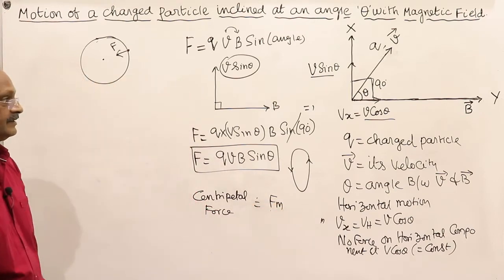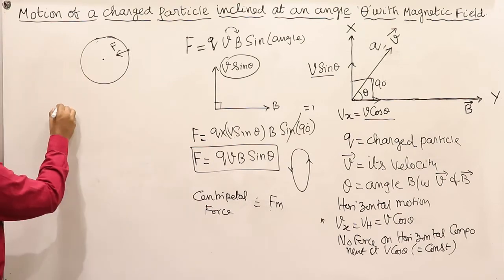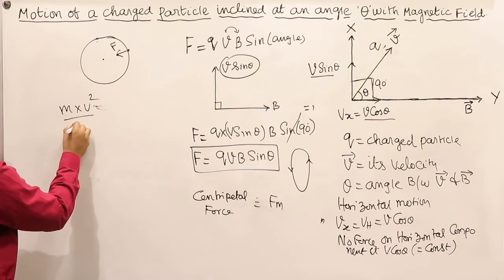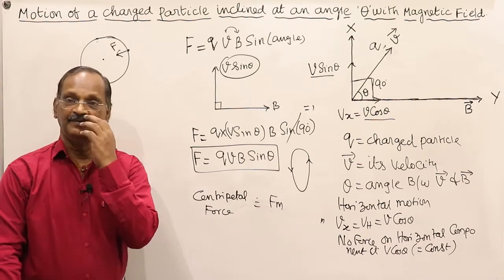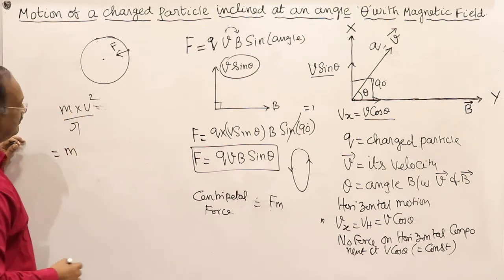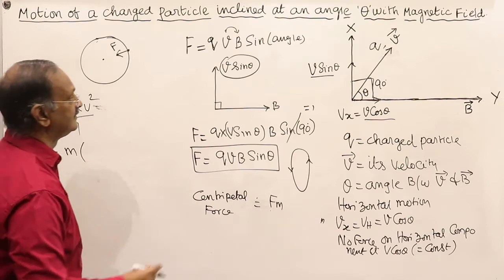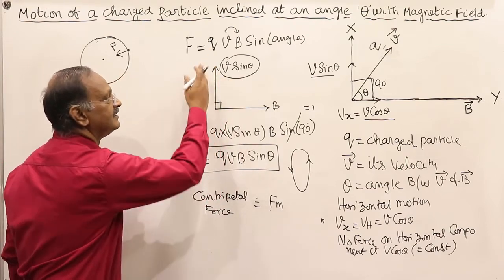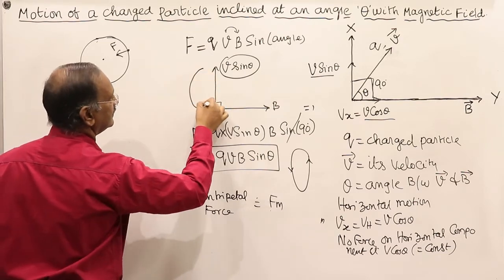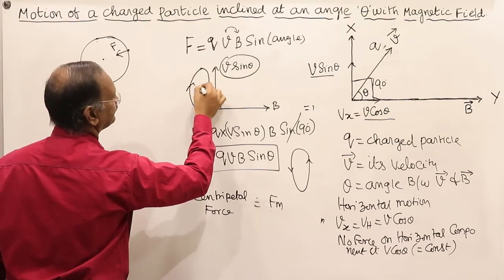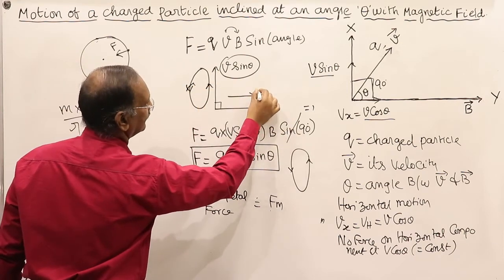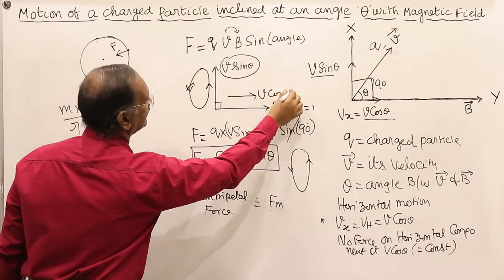What is the centripetal force? The general expression is mass into velocity squared by r, m v square by r, where m is the mass of the particle. Here, what is the velocity? This velocity is the one responsible for giving rotational motion, and the velocity v cos theta gives linear motion.